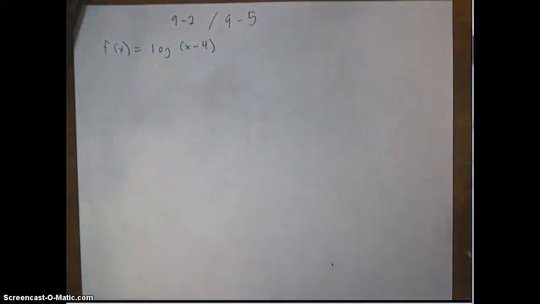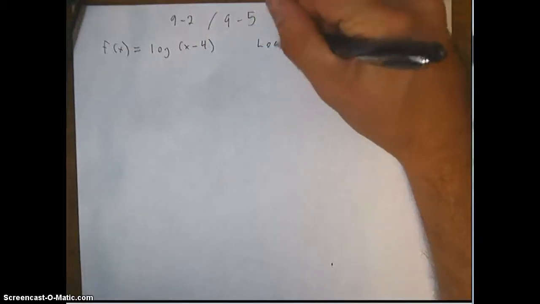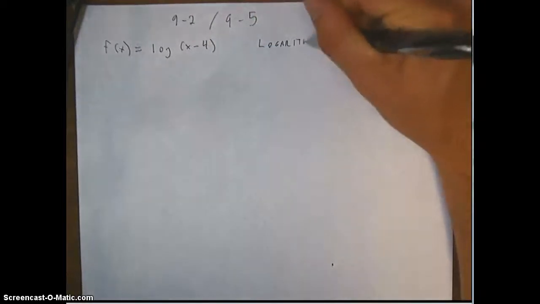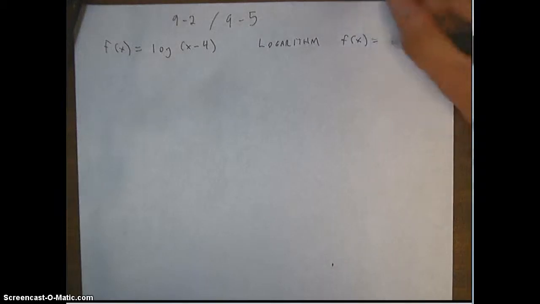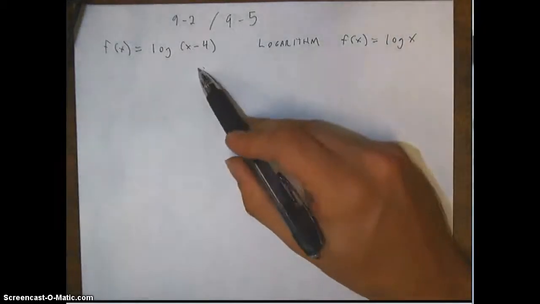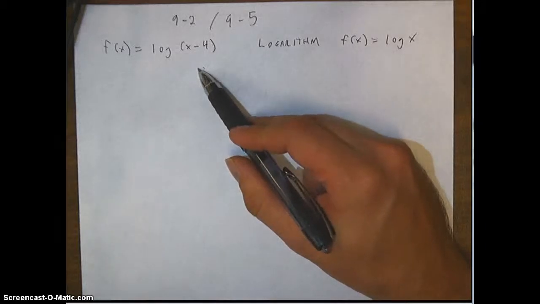That function, first off, what type of function is it? Well, the log's a dead giveaway. This is a logarithm. And that parent function is f of x equals log of x. So I want to know, what's the transformation that took place here? Well, that's pretty simple.